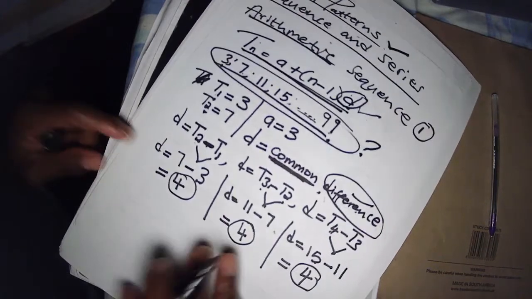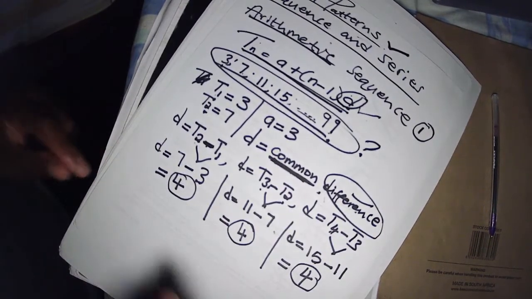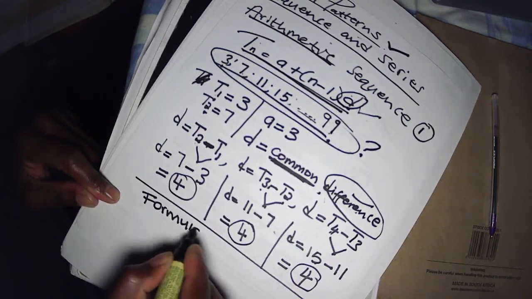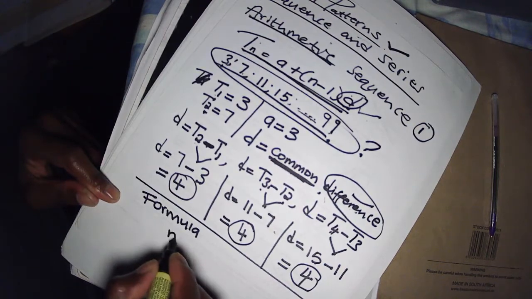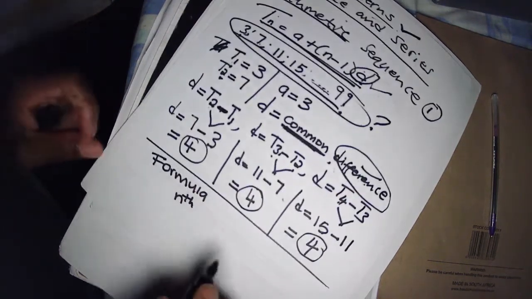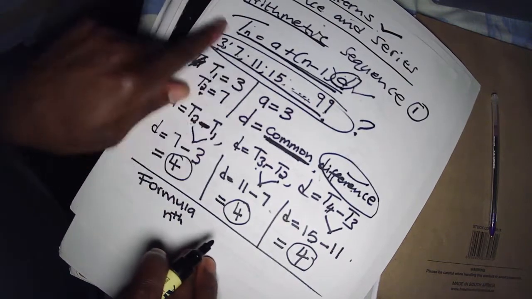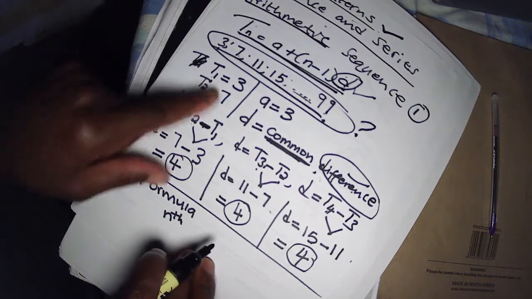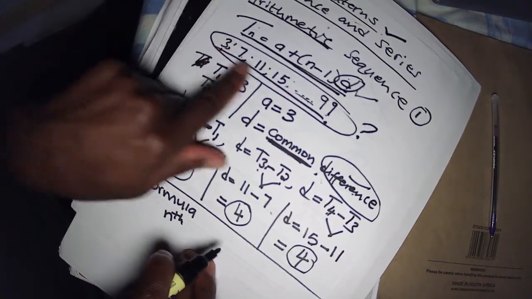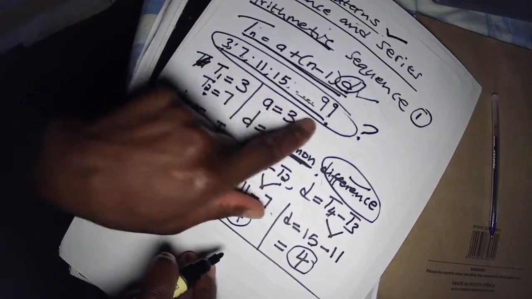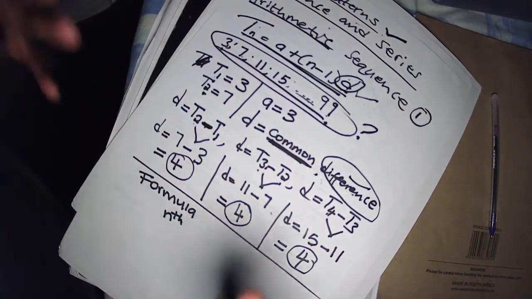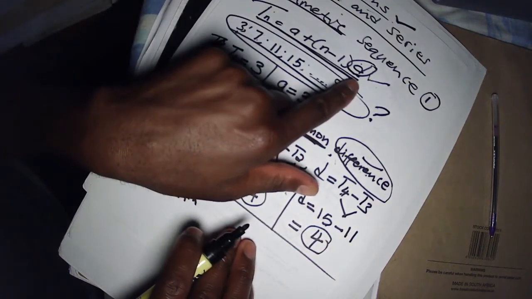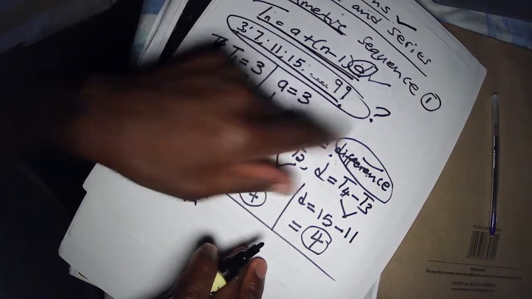What about the formula of the nth term? You need to know how to find the formula of the nth term. This is the formula, but we want to use it, even for other questions, to find or determine the formula of the nth term.